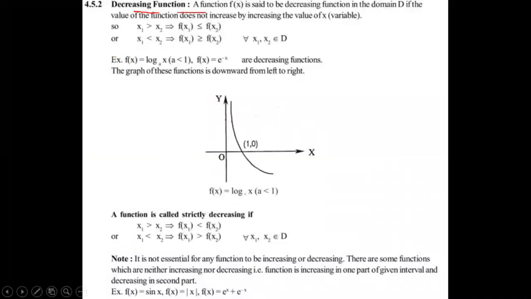See, x1 greater than x2 means the inequality reverses: f of x1 is less than or equal to f of x2. X1 less than x2 means f of x1 is greater than or equal to f of x2. So for all x1, x2 belonging to D. That is the meaning.